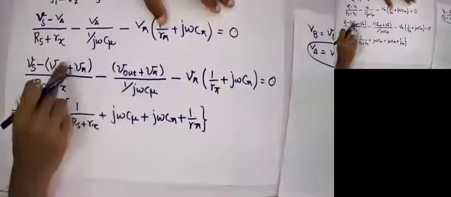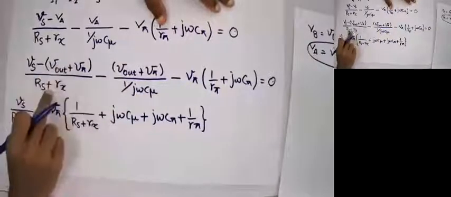Now group V out separately, right? So we have a V out into j omega C mu and minus V out into, sorry, both minus, right?